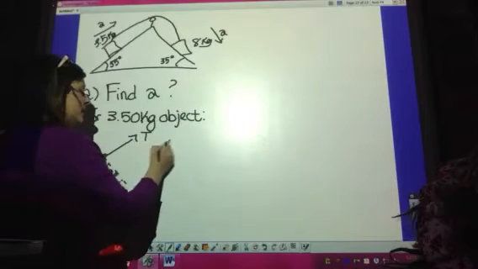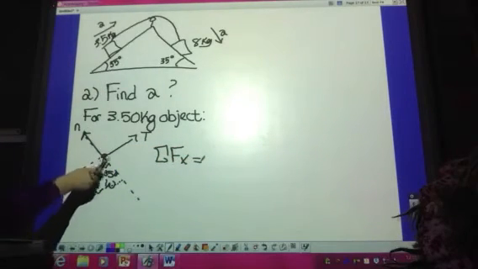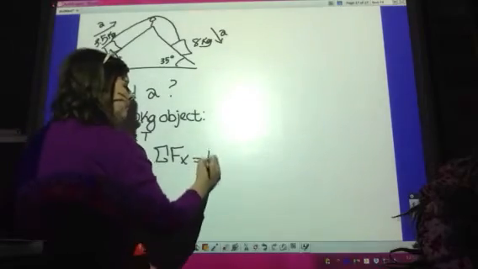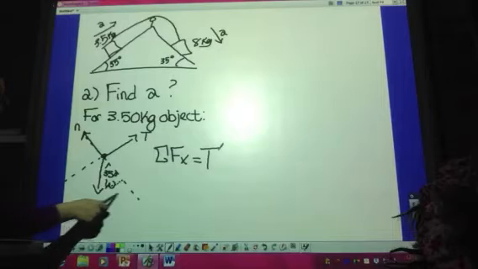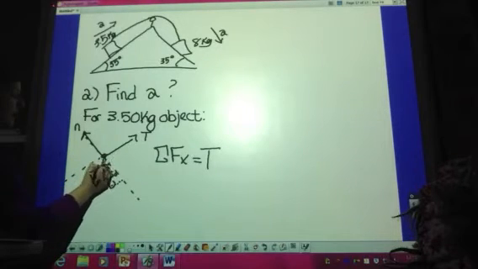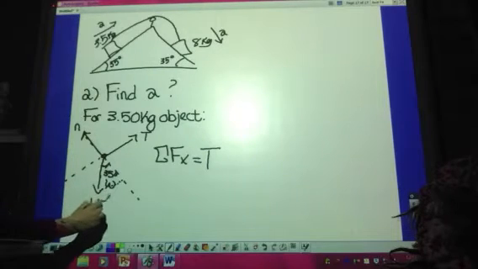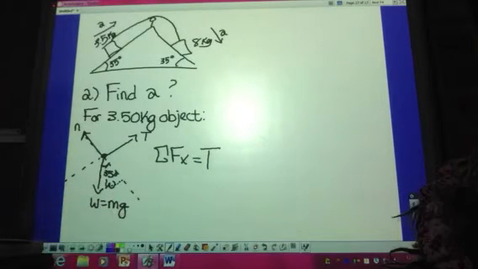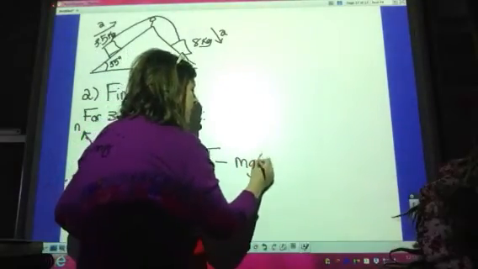So I want to write the sum of the forces in the x direction would be the tension. And then I also have my weight component in that x direction. So if my angle was right here, then that would be my weight. We know weight is equal to mass times acceleration due to gravity, mg. So in this case it would be mg sine 35, so that would be minus mg sine 35.